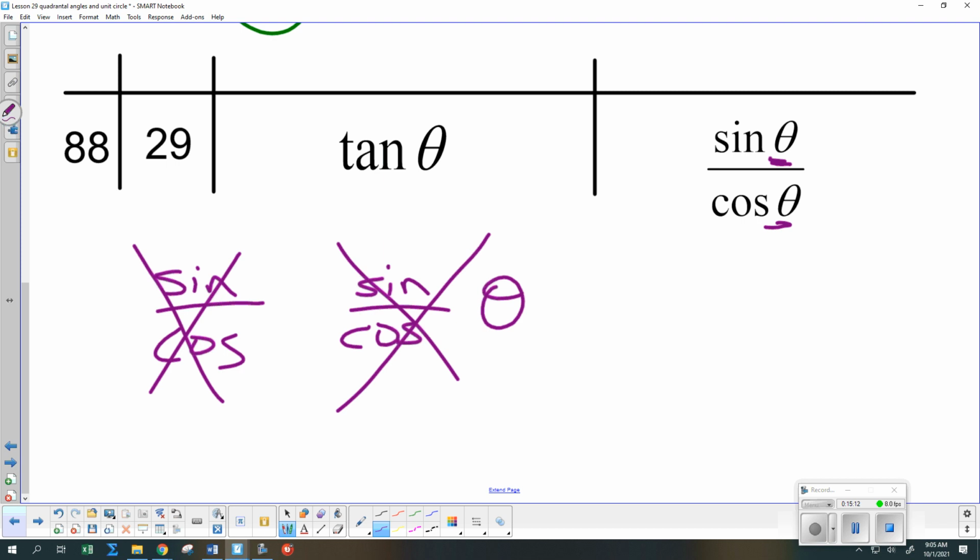You've got to write the theta both places. It's okay to say, especially as we get into proofs, sine over cosine out loud. It's okay to jot that down if you're just trying to come up with an idea, but it's not okay to put it in the work you're actually turning in that's written down. And the more I say that now, the sooner it will start to sink in.